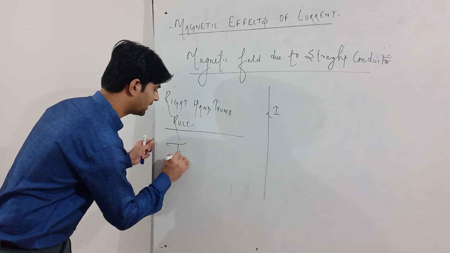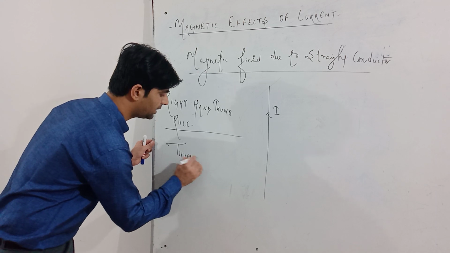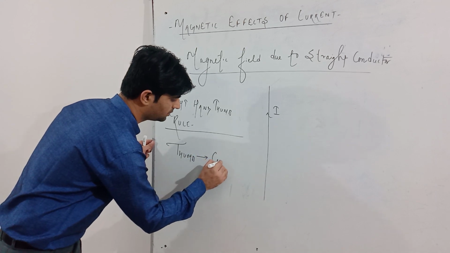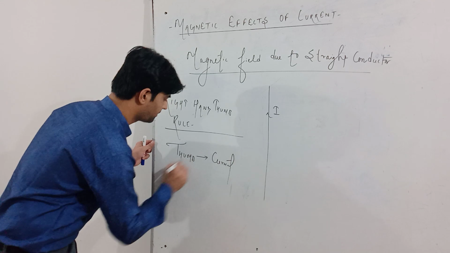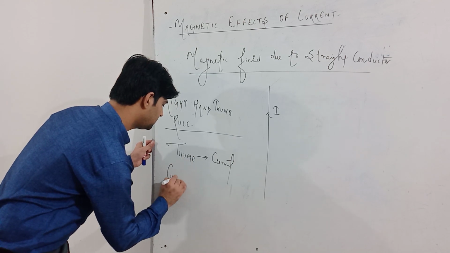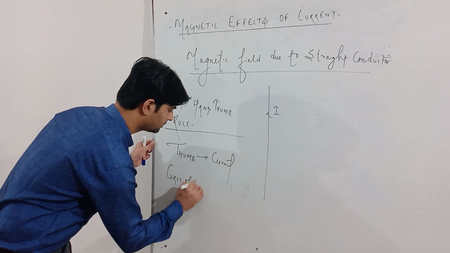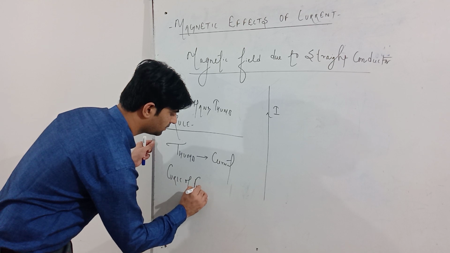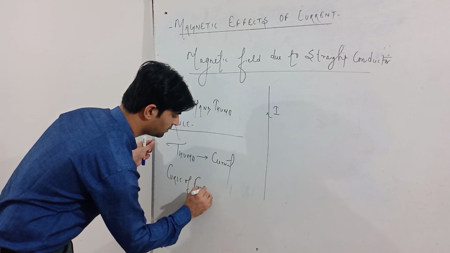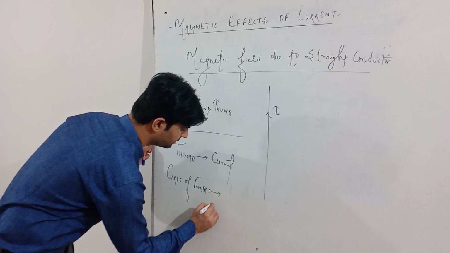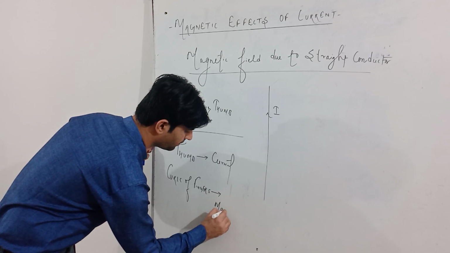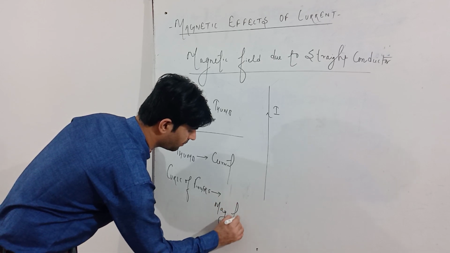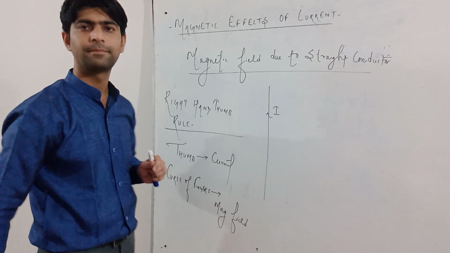In short, if I write, thumb indicates current and curls of fingers indicate magnetic field.